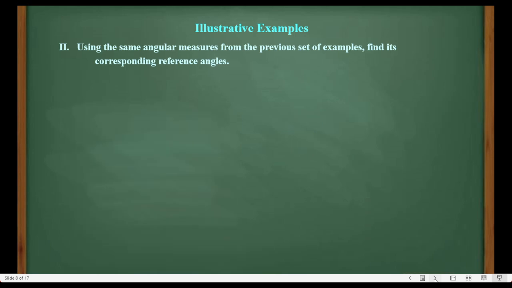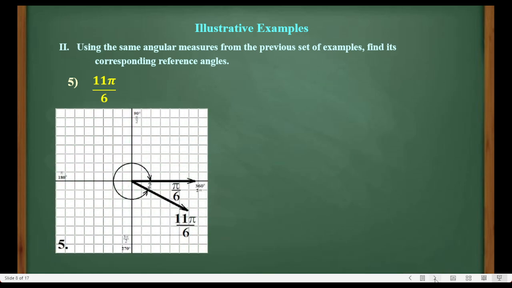Next, for the fifth example, 11 pi over 6. Let us draw the angle of that given measure, and you will notice that the terminal side of this angular measure is found in quadrant 4. So 11 pi over 6 is in between 3 pi over 2 and 2 pi.